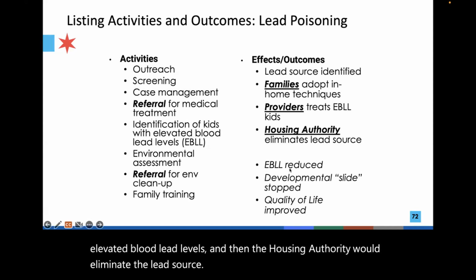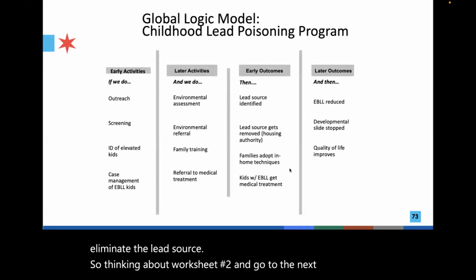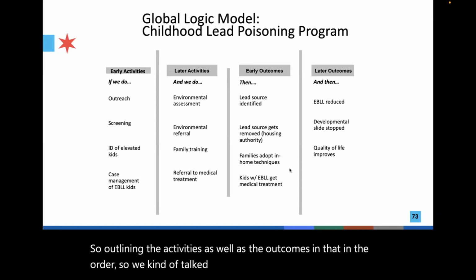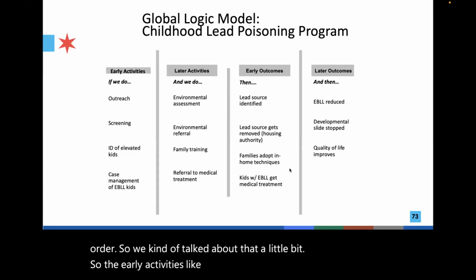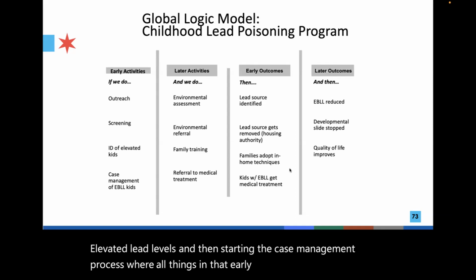So thinking about worksheet number 2, I can go to the next slide. Outlining the activities as well as the outcomes in order: the early activities like outreach, screening, identifying elevated lead levels, and then starting the case management process were all in that early activities category.